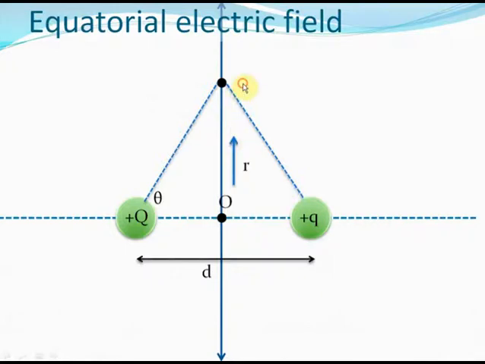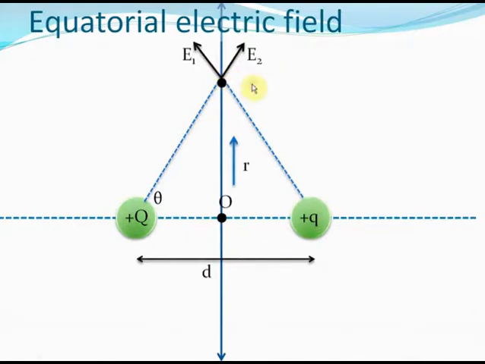Well, the electric field because of this charge here will be E2, and the electric field because of this charge here will be E1. As you can see, E2 will be along the line joining the plus capital Q charge and the point. Similarly, E1 will be along the line joining the plus small q charge and the point.